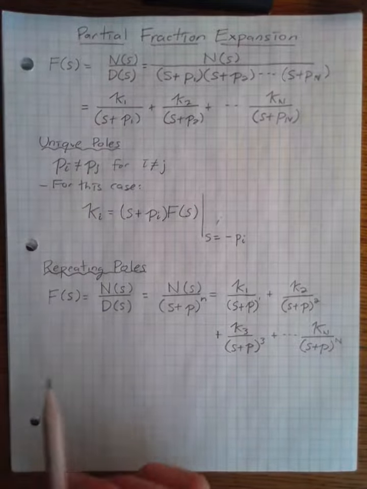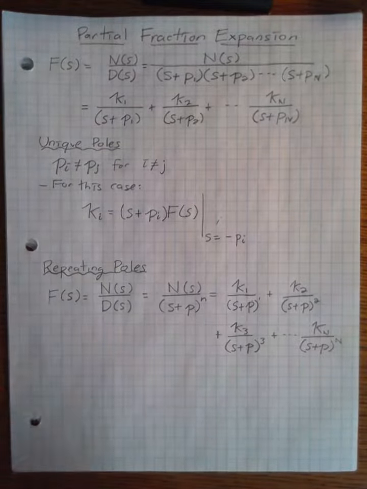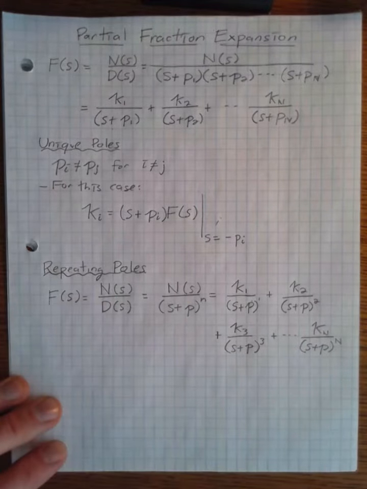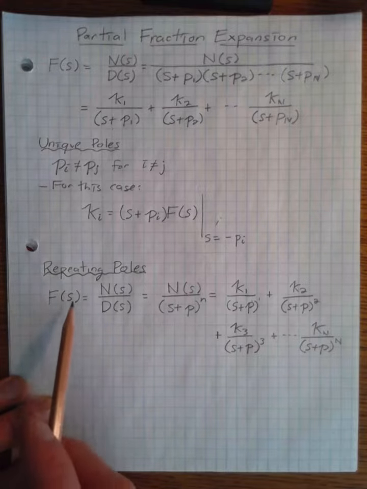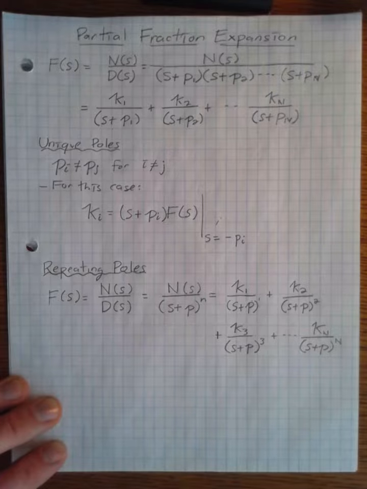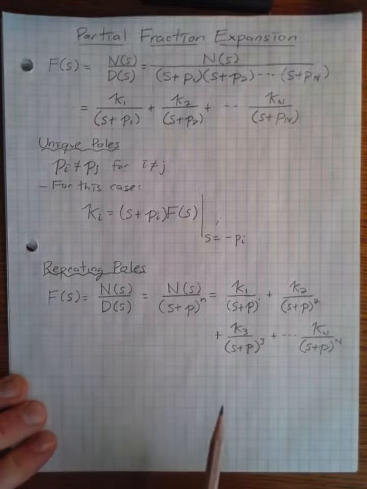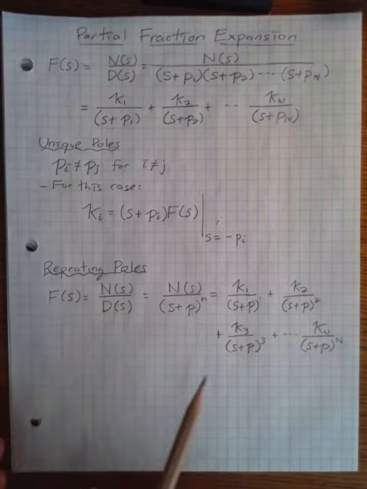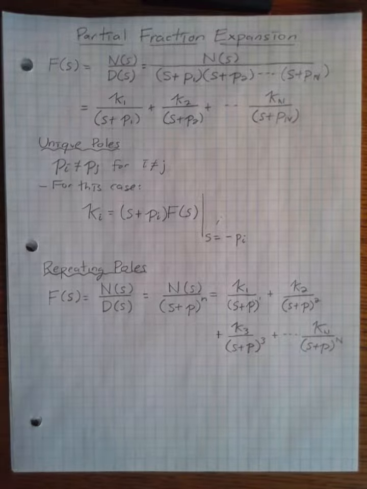And so when you've got repeating poles, you can use this approach for partial fraction expansion, but it is a little bit of a pain because you do have to take the derivative of this function of s, which isn't always that easy because you're messing around with the chain rule and all that kind of stuff. And so instead, we're going to use a different method called the algebraic method to solve this particular equation.